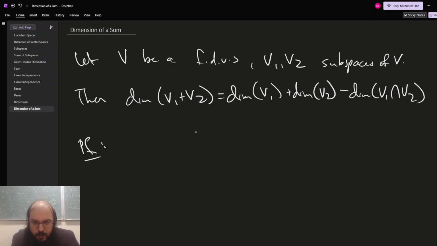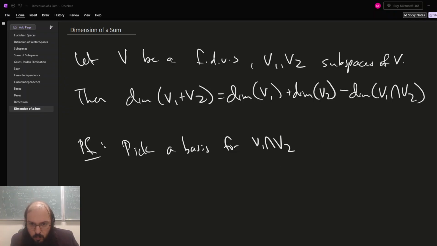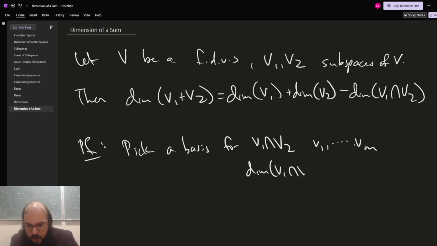We start with V1 intersect V2, and we pick a basis. Why don't we give this basis a name? How about we call it v1 through vm? Since it's a basis, this tells me that the dimension of V1 intersect V2 is equal to m.